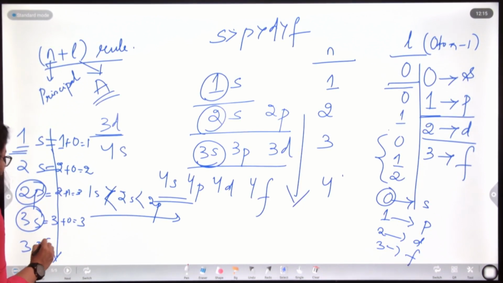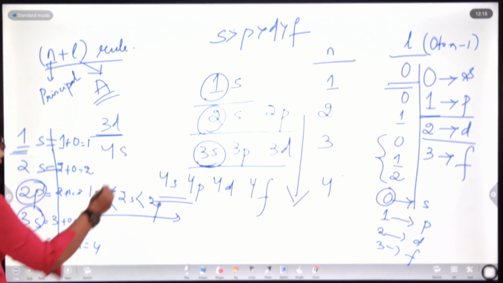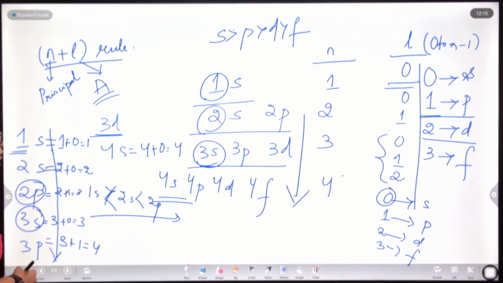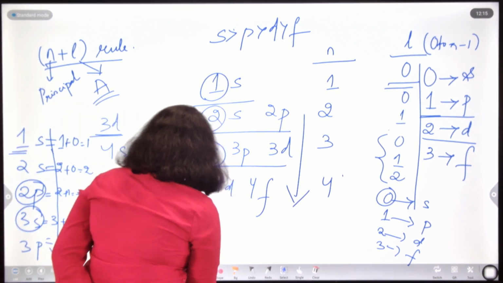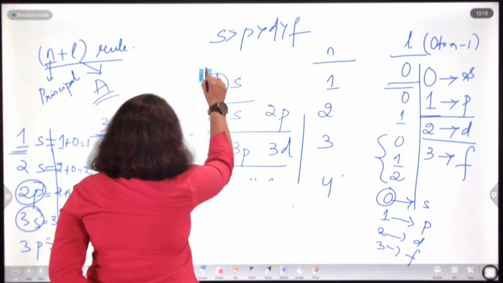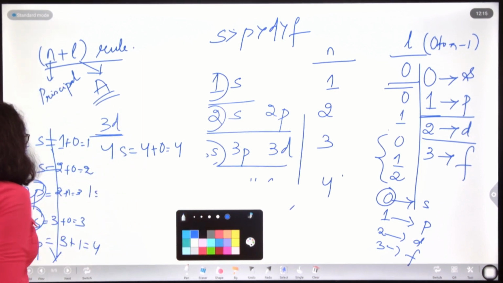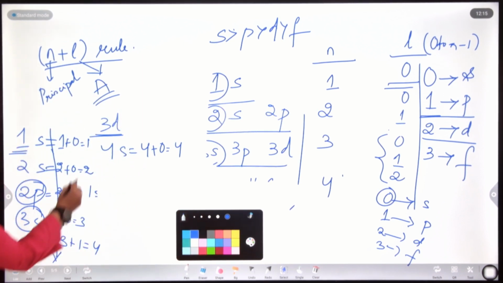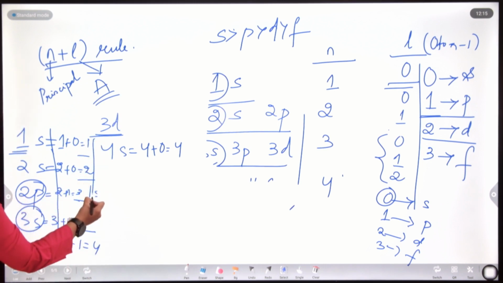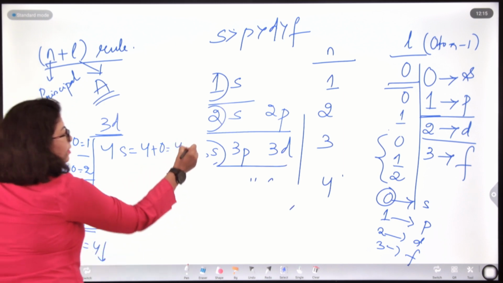For 3p, 3 plus 1 is 4, and for 4s, 4 plus 0 is 4. If you see here, what you observe is the values 1, 2, then 3, 3. Gradually the value was increasing, again they became similar, then increased, again similar.